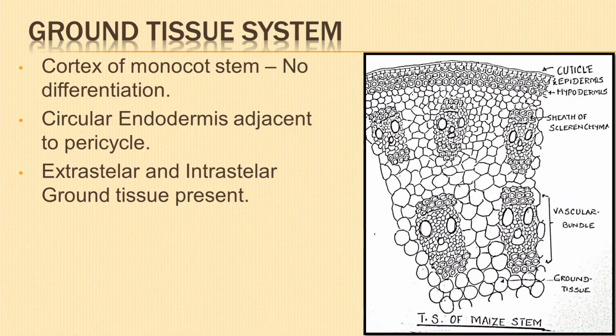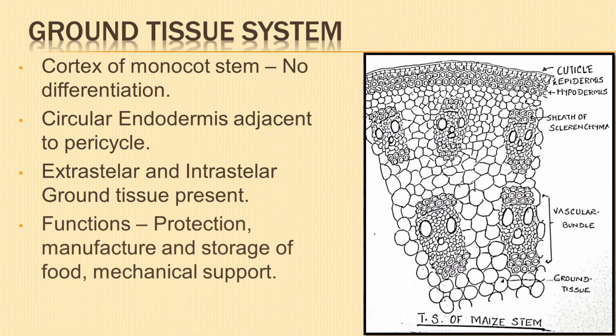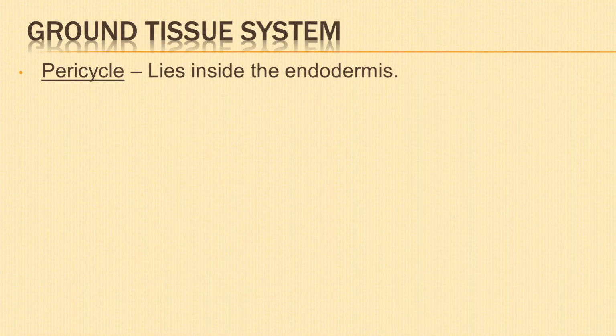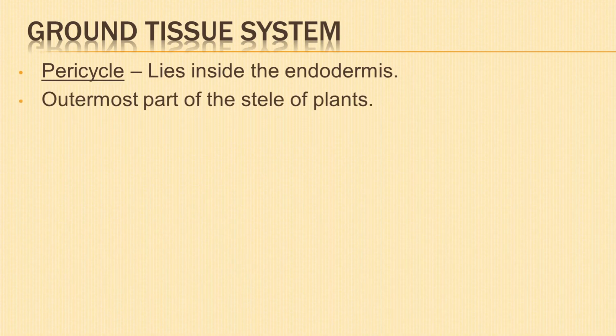Example, pith. Cortex is primarily a protective layer. Its other functions are manufacture of food, storage of food, and giving mechanical support to the plant. Pericycle lies inside the endodermis and is the outermost part of the stele of plants.